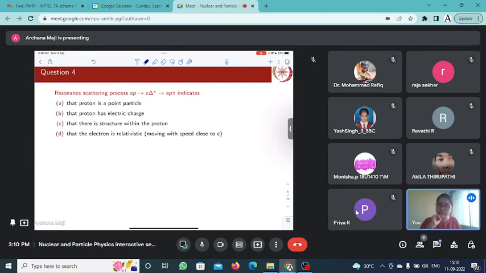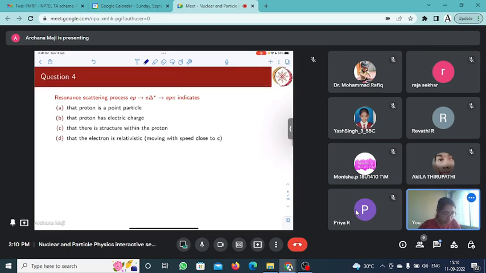So which option is correct here? Well, the correct option is the proton has structure.